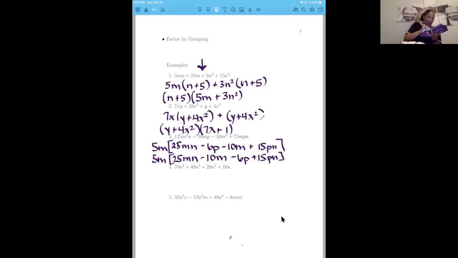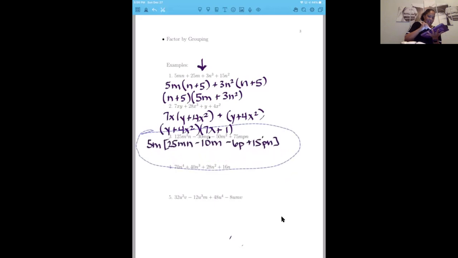All right, now because of not enough room, I'm just going to go ahead and move this up. Now if I factor out something in common with the first two terms, I have a 5m. And what do I have left? I have a 5n minus 2, right?